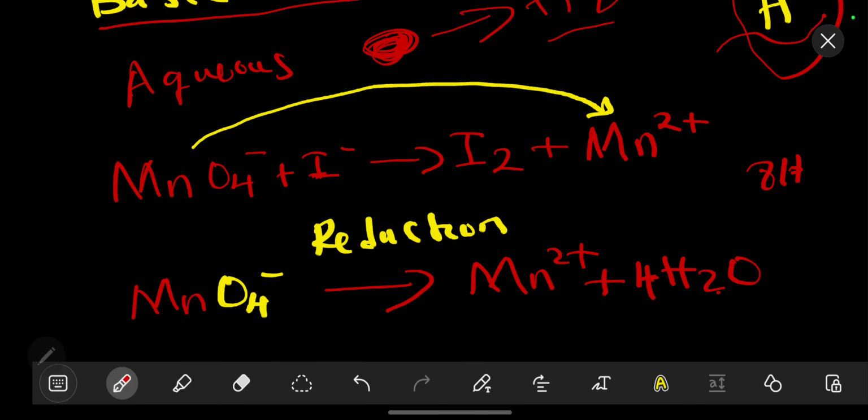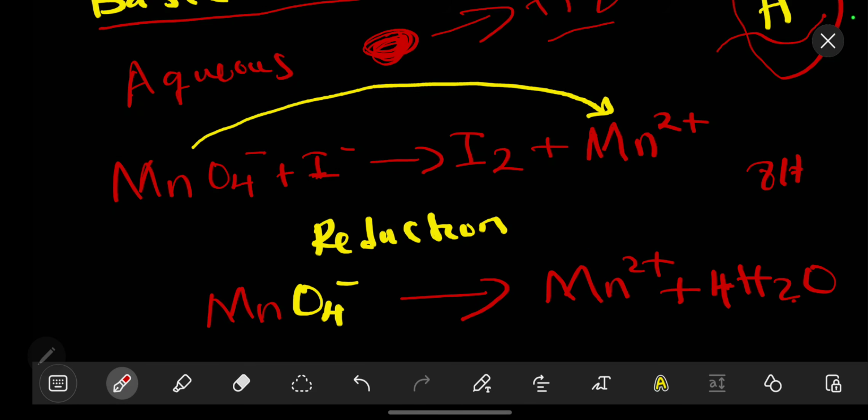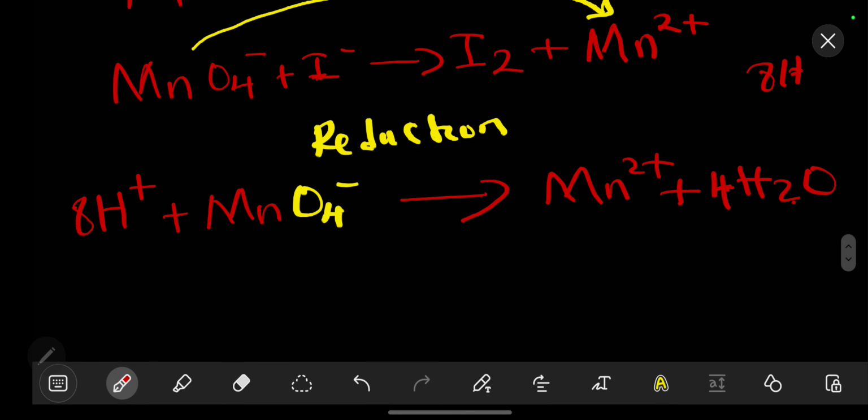So this number of hydrogens should also be written on this other side. So we have plus our hydrogen ions. So we are going to be adding hydrogen ions. So immediately we add ions there, it means to say we are converting it into an acid, because an acid will have hydrogen ions as the only positively charged ion. So that is what we do there.